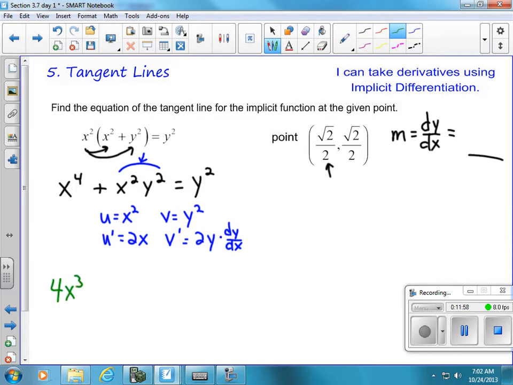Let's use the product rule on x squared y squared. We're going to multiply u times v prime, which is plus 2x squared y times dy/dx. And then we'll multiply the other two, 2xy squared. And then we're going to take the derivative of the right-hand side of the equal sign, which is 2y dy/dx.